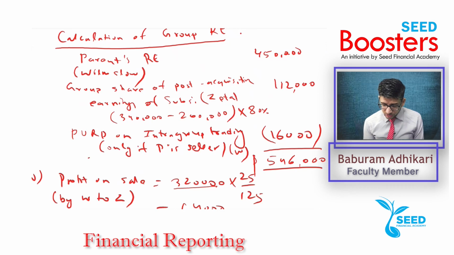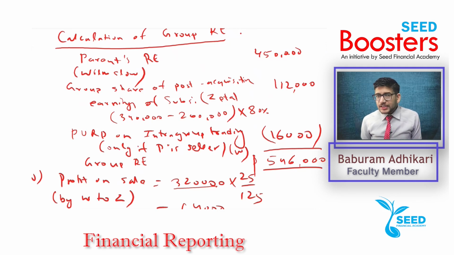This is the group RE. In this way, we can calculate the group RE because there are no other adjustments. In these workings, we might have to make adjustments for items such as the impairment of goodwill, if it is calculated using the fair value method or the proportion of net assets method. Either way, we need to make the adjustment of impairment here in group retained earning.